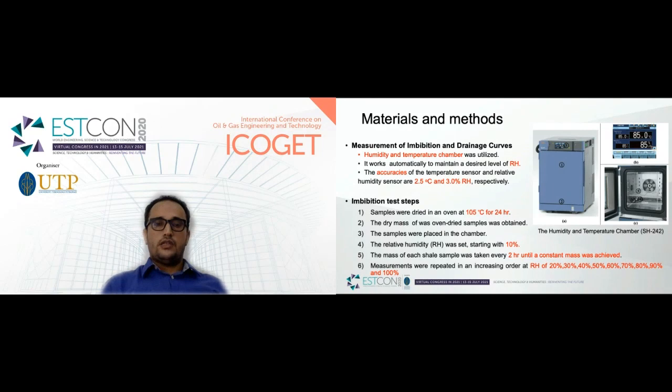We did 2 steps, an imbibition test and a drainage test, like the normal procedures followed in any capillary pressure test. First, we dry the samples at 105 degrees Celsius for 24 hours, and the dry mass of the shale samples is taken, and then we control the relative humidity in this container.